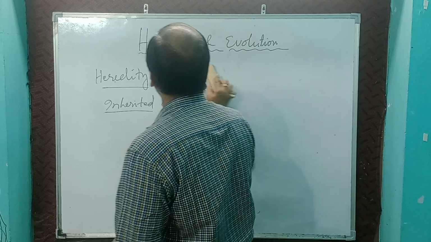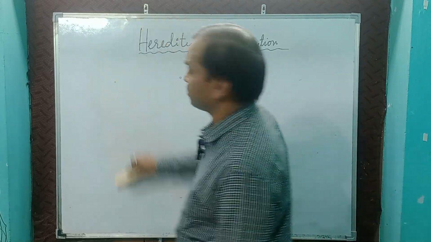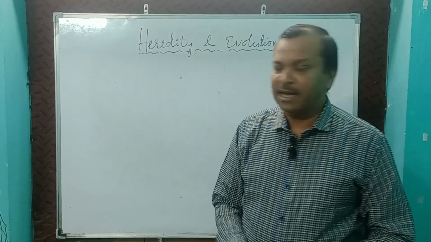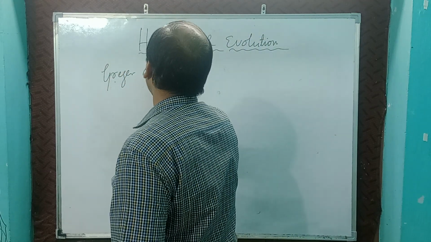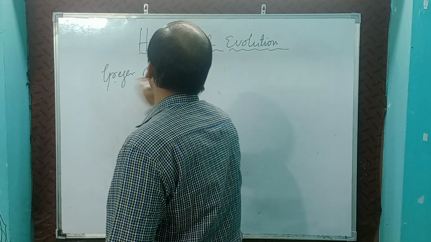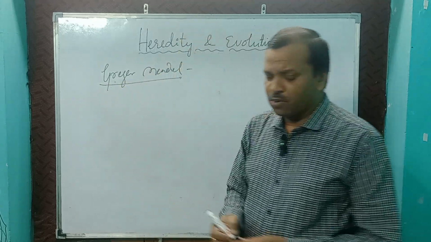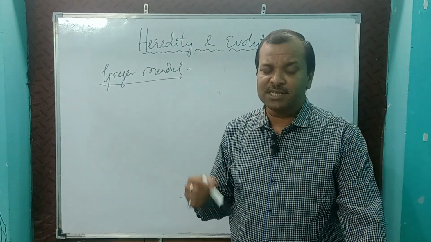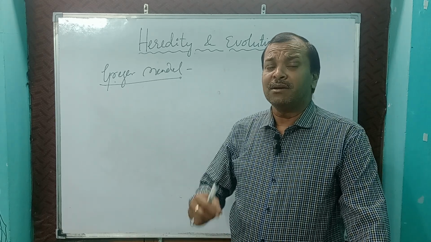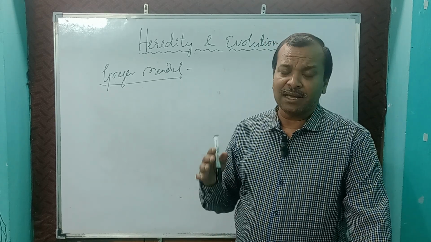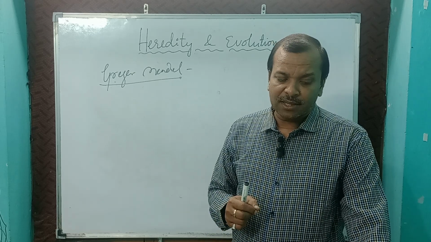What are the rules and who set these rules? These rules are set by Gregor Mendel. Who is Gregor Mendel? He is the scientist who for the first time experimented on many things, and he gave these rules.